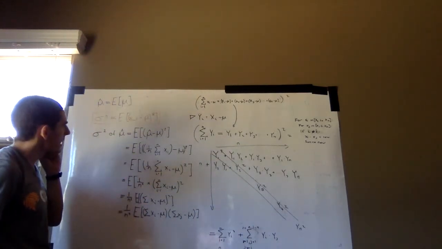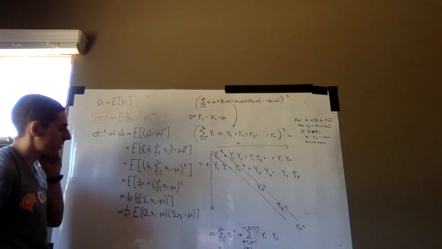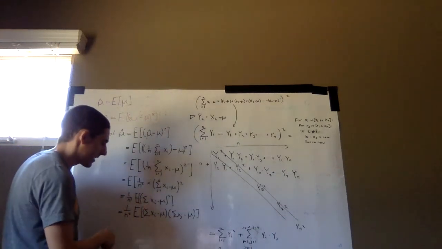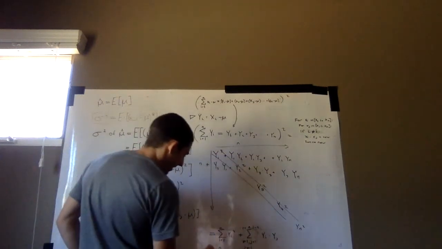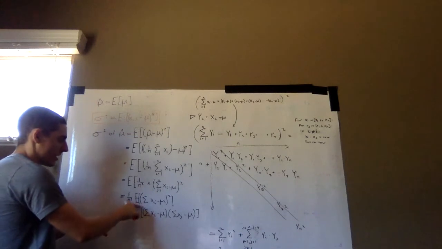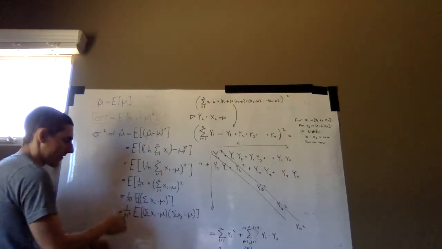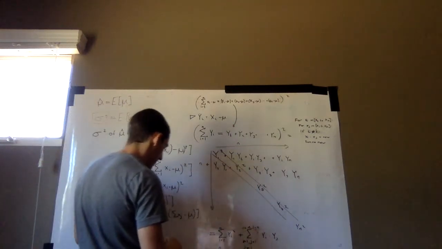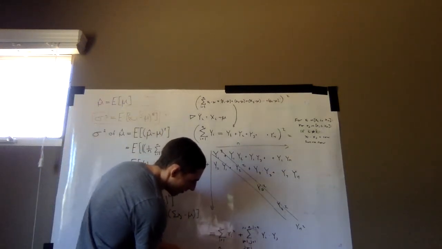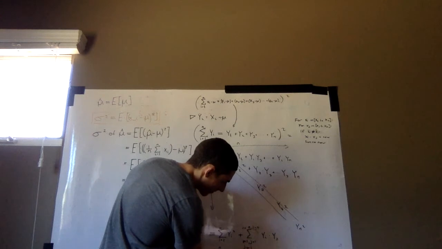Well, I guess there's an expectation there. That seems important. Well, actually, it doesn't matter, because luckily, all of this is in an expectation. We had this inside of an expectation, and because expectation is linear, we can just take the expectation of both of these sides.